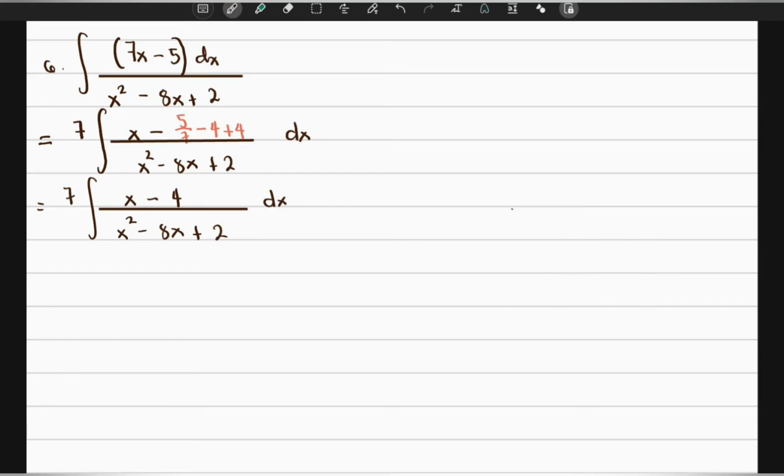Okay, so dito, negative 5 over 7 plus 4. So, that is 28 over 7. So, that is equal to positive 23 over 7. So, positive. So, plus. Okay. So, don't forget itong 7 na to.